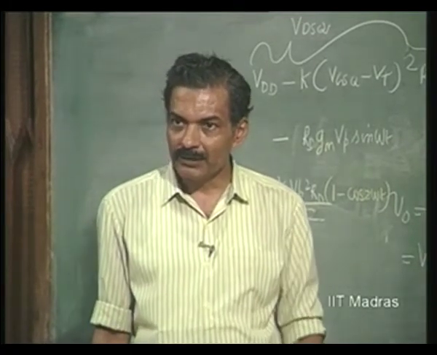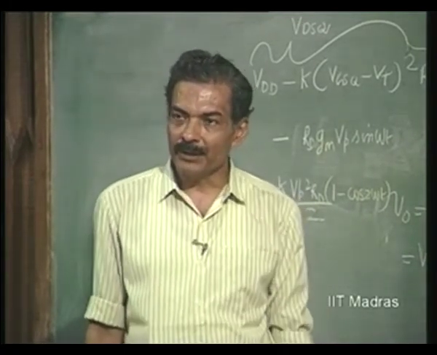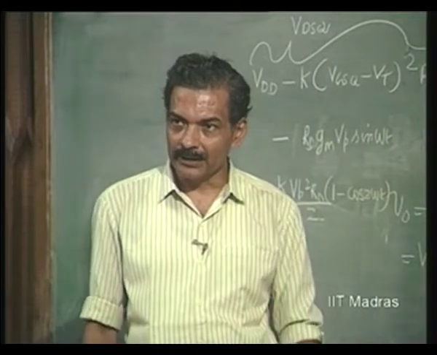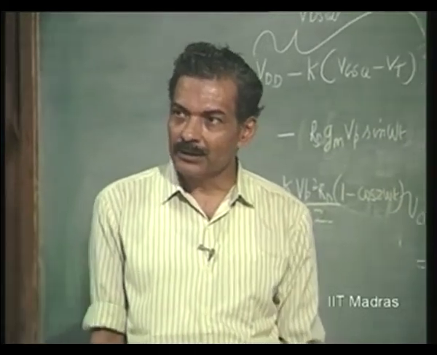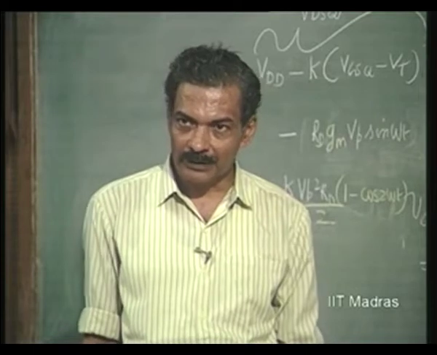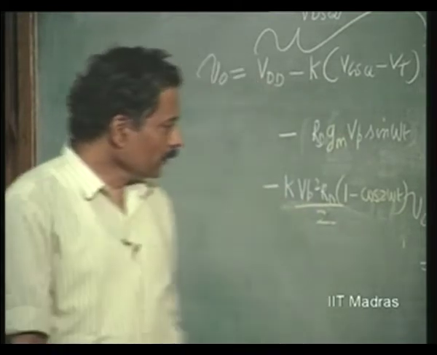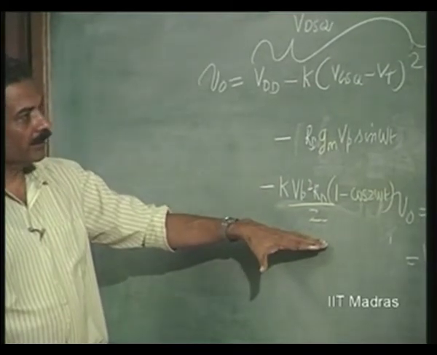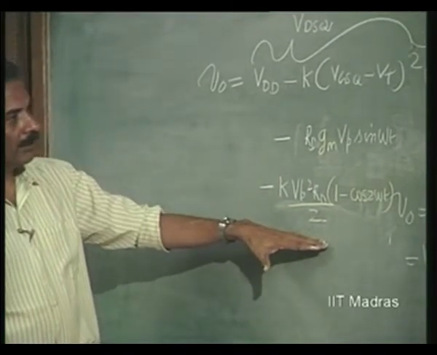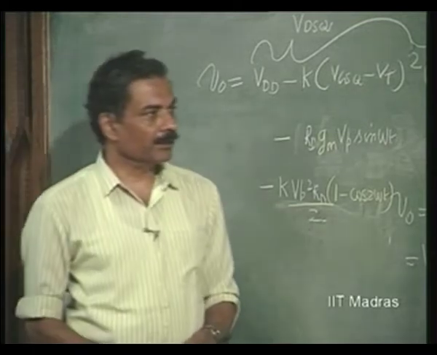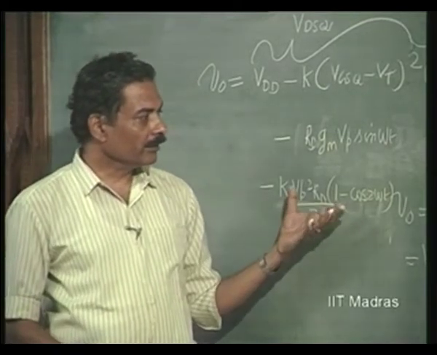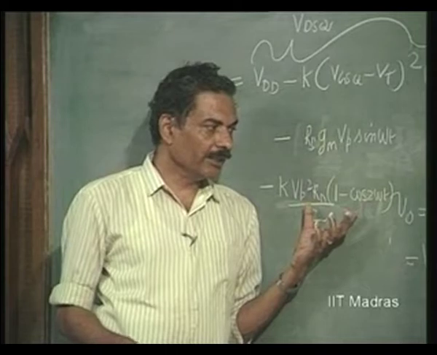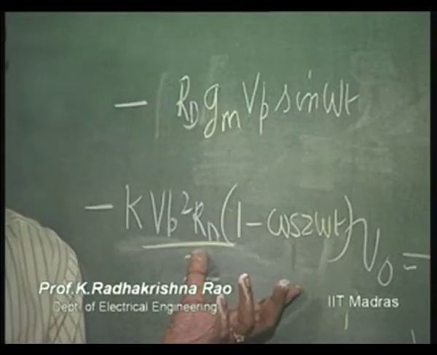So, it will tell you the magnitude of Vp that should be constrained in order to keep the distortion at a value less than 1%. This part of the design is important in restricting the inputs to specific values.